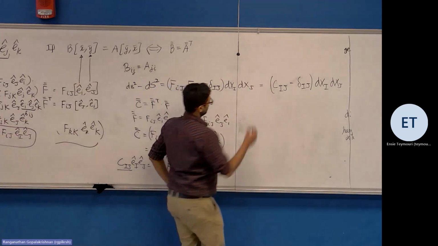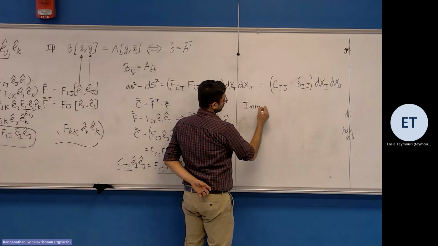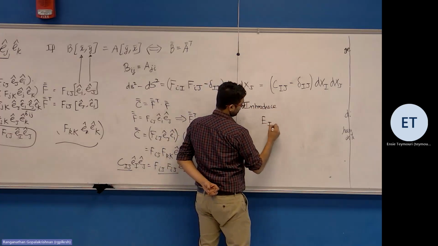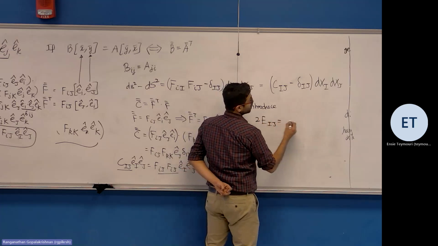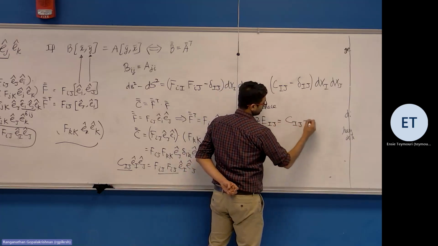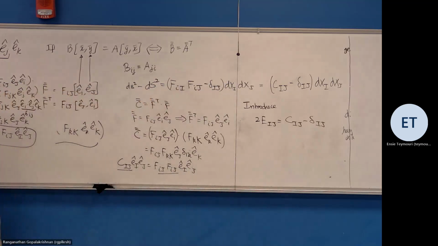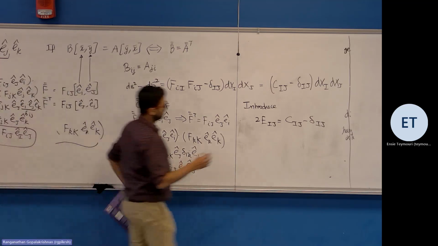So now they introduce E_ij, where 2 times E_ij is equal to C_ij minus delta_ij. And this has a name, obviously.